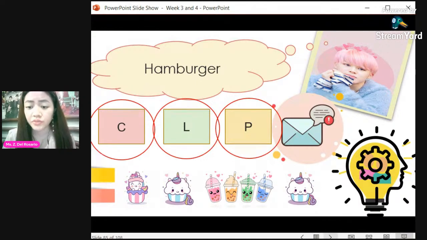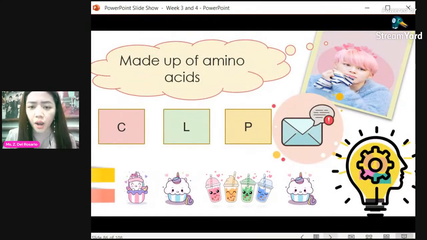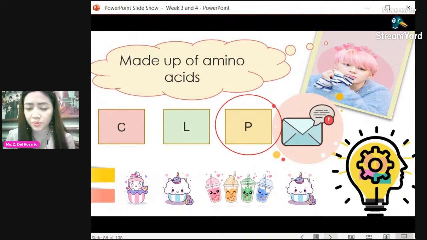But most of the time, it is carbohydrates. How about this one? It is made up of amino acids. Is that carbohydrates, lipids, or proteins? So if it is made up of amino acids, that would be protein.